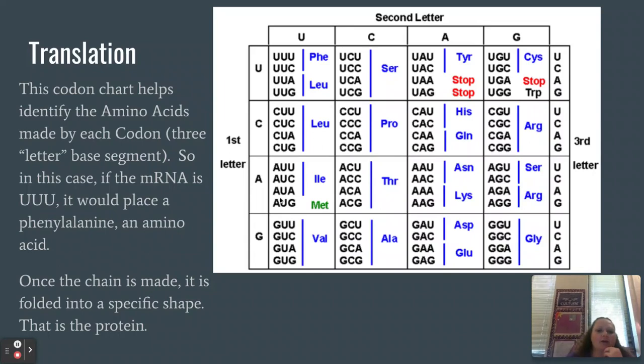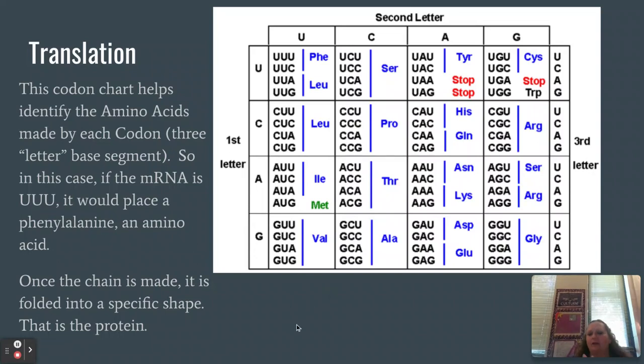So let's say that the codon is GUC. We would find GUC right here, and that's going to code for the amino acid Val. It takes thousands of amino acids stuck together to make the protein, but that gives us a starting place.